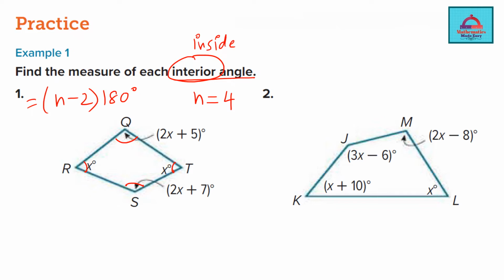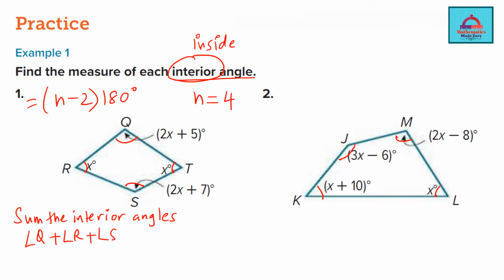Similarly, angles J, K, L, M are all inside. So when you sum the interior angles, what are the interior angles here? Q, R, S, T. The sum is going to be n minus 2 times 180 degrees. Now n is 4 already, so this is 4 minus 2, which is 2, times 180 degrees, or 360 degrees.